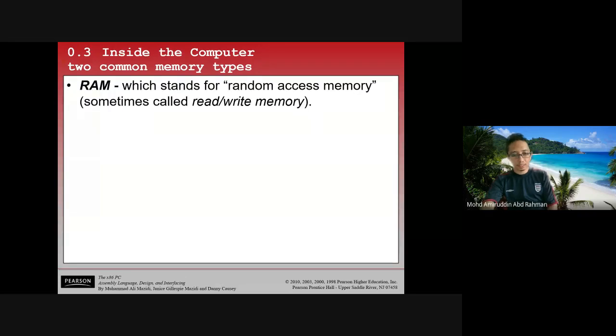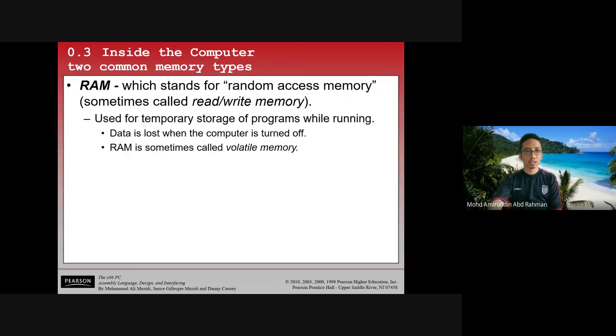Inside the computer we also have RAM. What is RAM? RAM is random access memory. Sometimes it is called read or write memory. We use RAM to temporarily store the program while running.